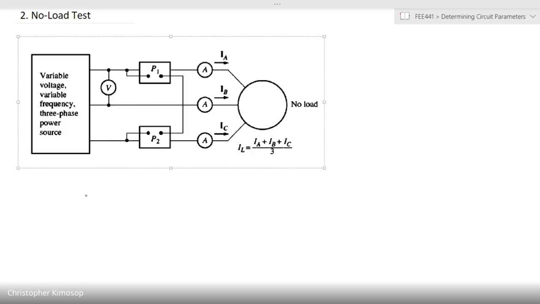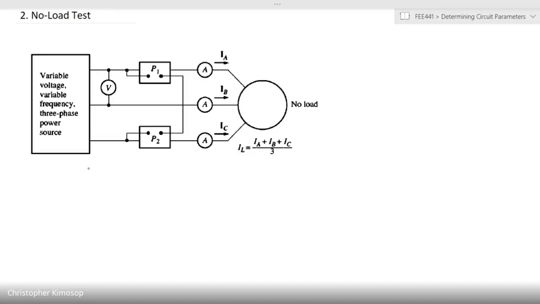Remember the reactances are given by X = 2πfL, all right? So the inductances that we have inside there are affected by the frequency. So we want to keep them measurable. If we keep this low, we can also have a lower reactance that is measured at this testing phase.